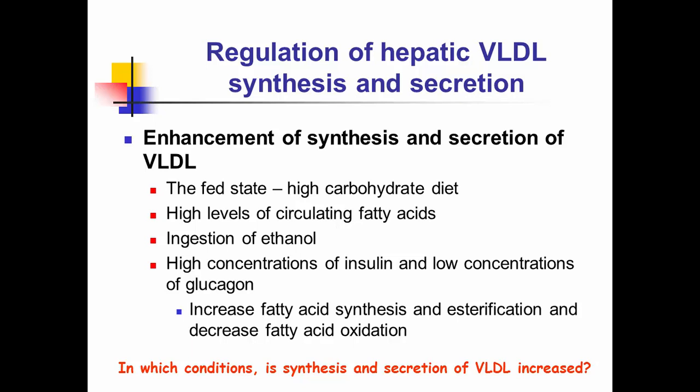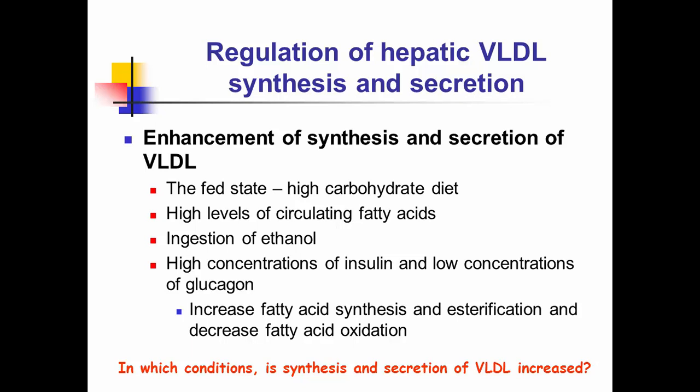So, enhancement of synthesis and secretion of VLDL. Under the following conditions, VLDL synthesis and secretion can be increased. The first is the fed condition, particularly when we consume a high carbohydrate diet. And second, high levels of circulating fatty acids. Under which conditions do we have a high level of circulating fatty acids? Do you guys know?